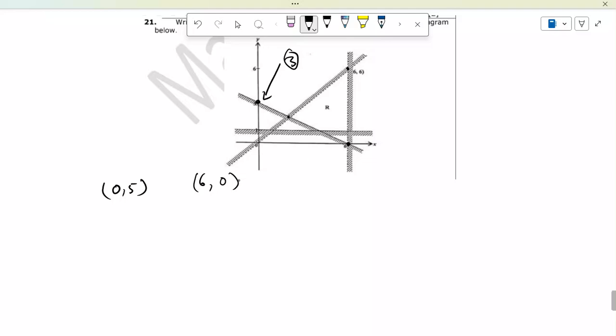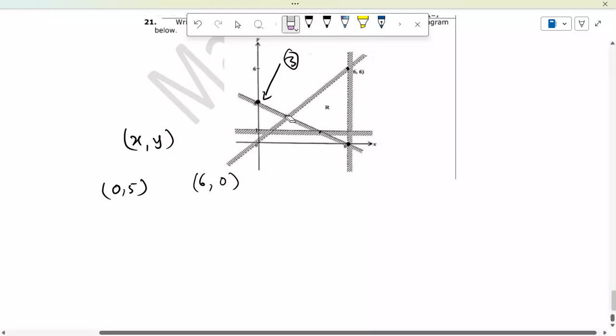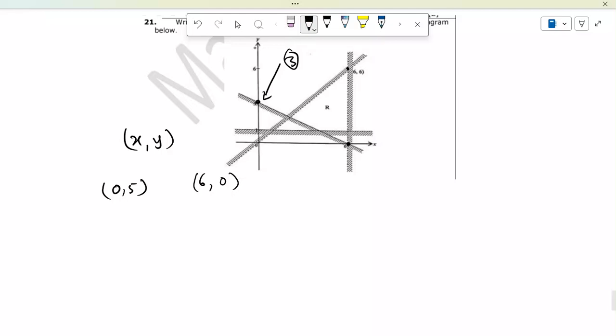So this is 6, 0. And I said you represent coordinates in the form x, y. So this is very easy to pick than picking from here and here. You can pick any 2 points along that line.